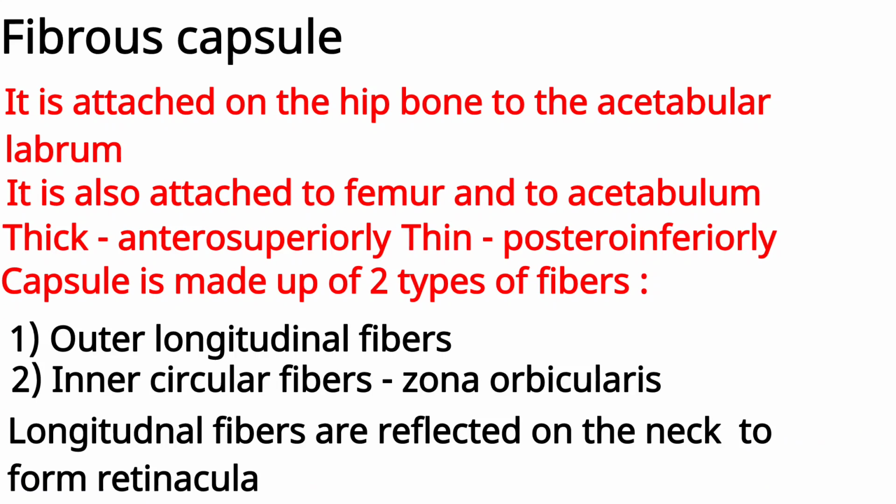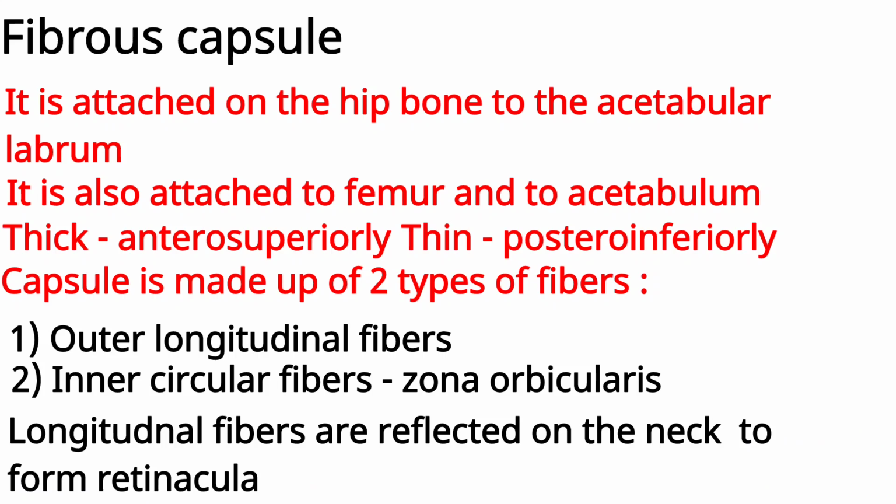The intertrochanteric line is a line which is present between the greater and the lesser trochanter of the femur. It is a fibrous capsule, meaning a capsule which is formed of fibers like collagen fiber. It is attached to the acetabular labrum, the femur bone and the acetabulum of the hip bone.